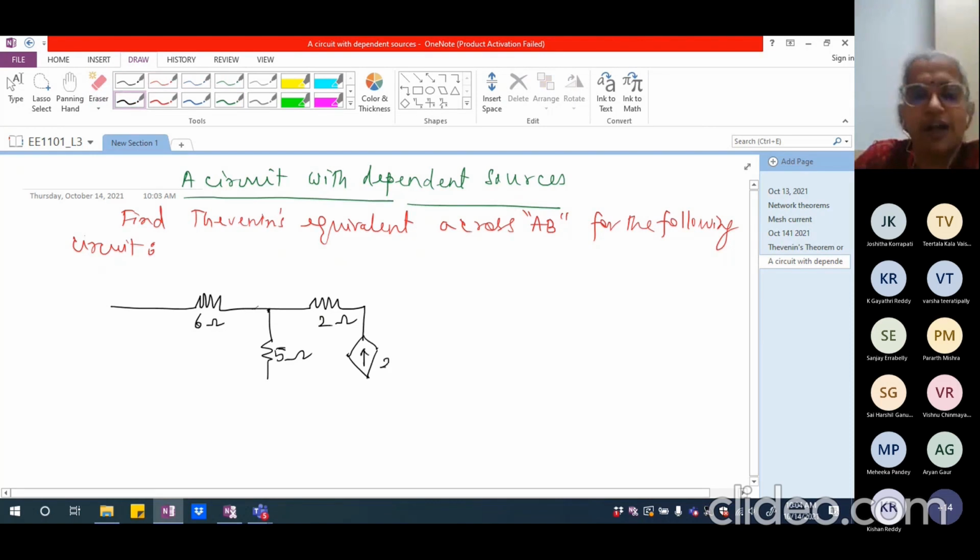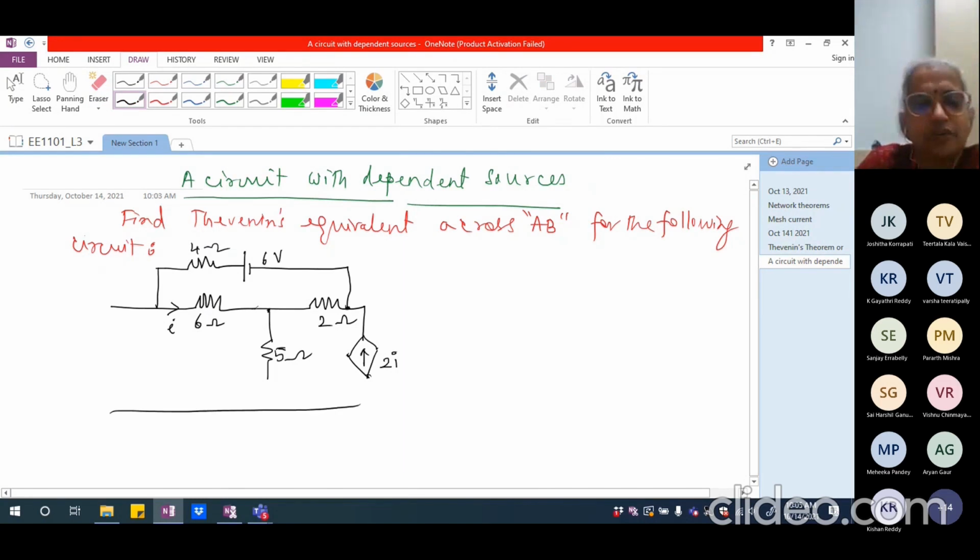So this is 2I, where I is the current through the 6 ohm resistance. Now from here, I have a 4 ohm resistance and a 6 volt source. Okay, and what we are being asked is to find the Thevenin's equivalent across A and B.